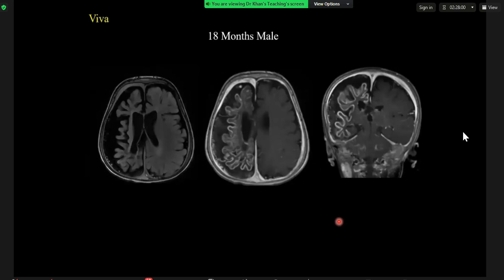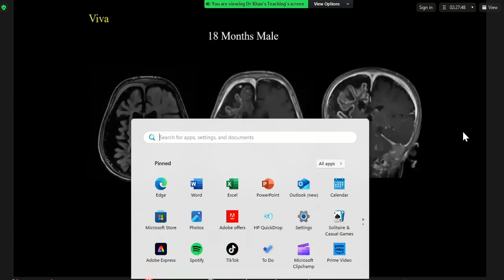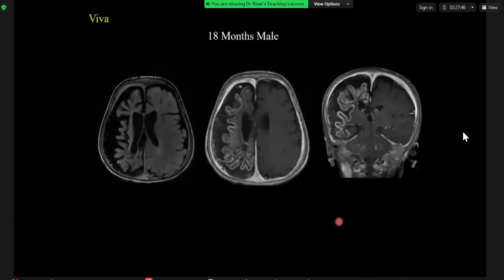I'm just wondering whether these are old deposition of old blood or there's some increased vascularity in the meninges as well.